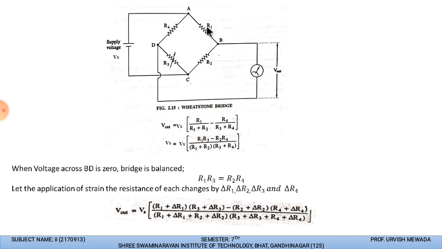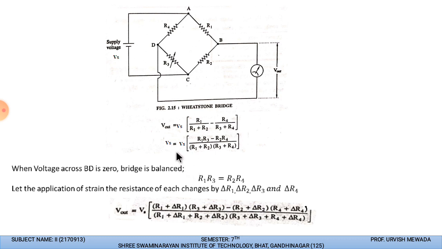We are dividing in AC. R4 and R3 create one arm, and R1 and R2 create the second arm. We are considering the combined effect of the resistances, that is R1 divided by R1 plus R2, and for this side it is R4 divided by R3 plus R4.